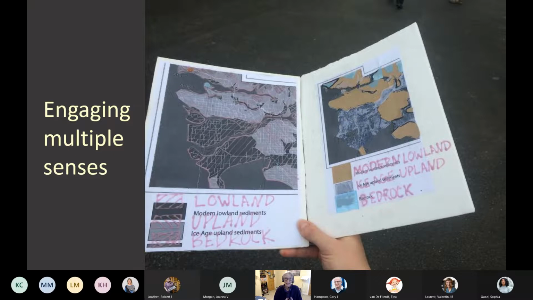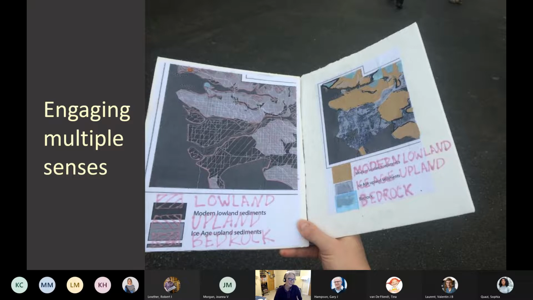As well as physically accessing the geology, we also know that students can encounter barriers with our learning resources. A lot of this comes because we tend to think of geology as being a very visual subject, and it is. It privileges the sense of sight. It's very much about making observations, about looking at things, but it's also very multisensory.